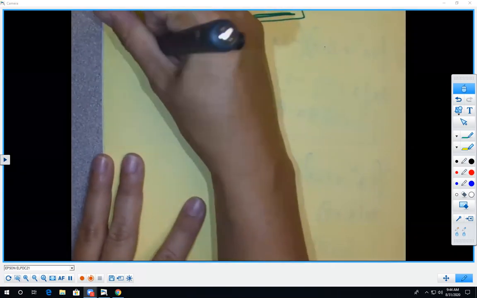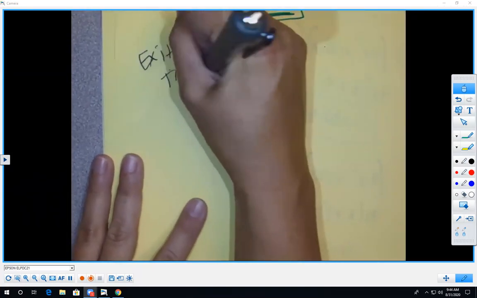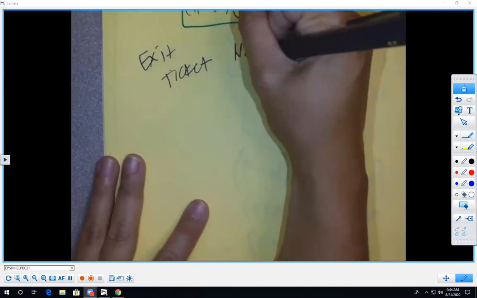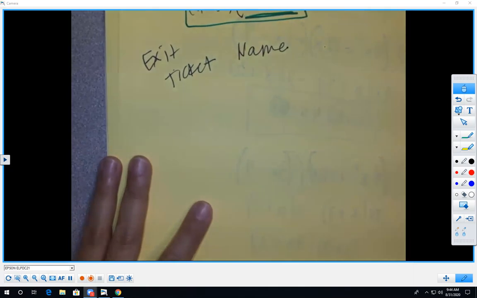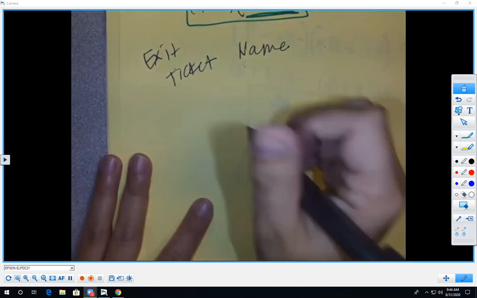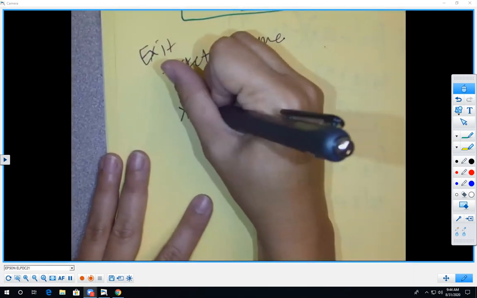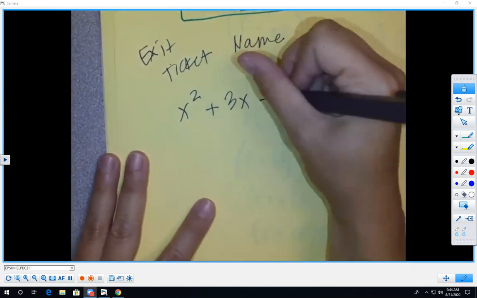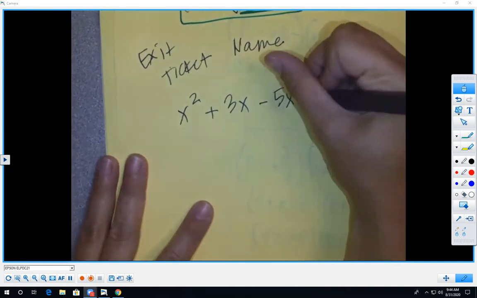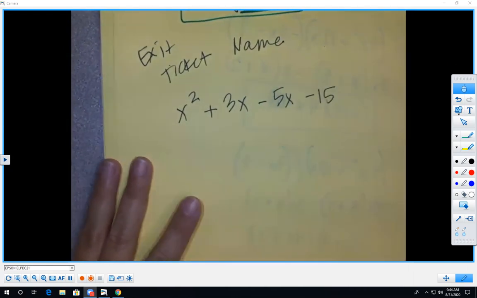Okay, so the problem that I'm giving you is your exit ticket. Make sure you put your name on it. Same thing at home, especially if you're taking a picture of it, make sure you put your name on it. And your problem is x squared plus 3x minus 5x minus 15.